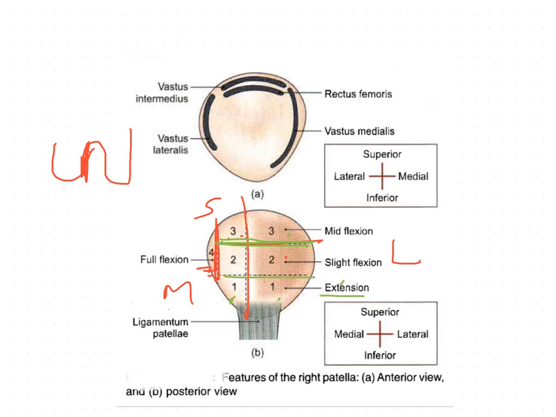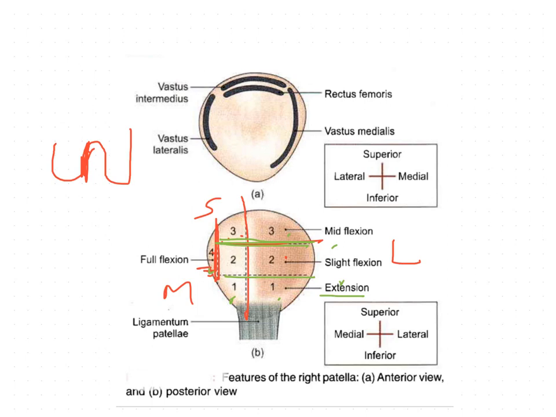Okay, and the upper pair during mid flexion, and this medial strip during full flexion of the knee. So these are the facets of the patella which will articulate with the femur in different phases of movements of the knee.